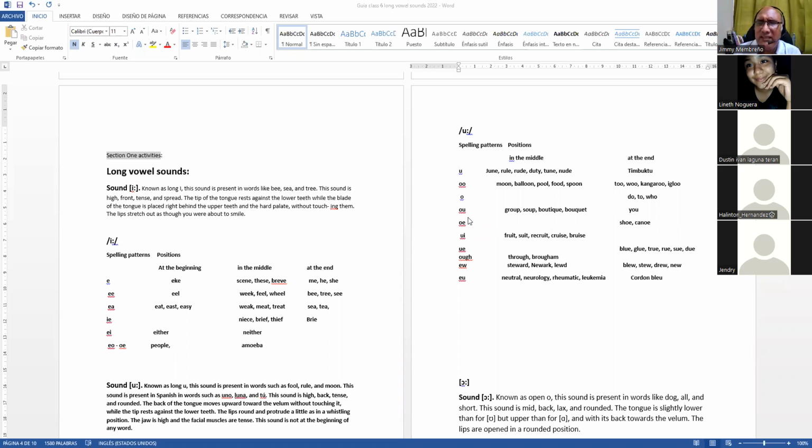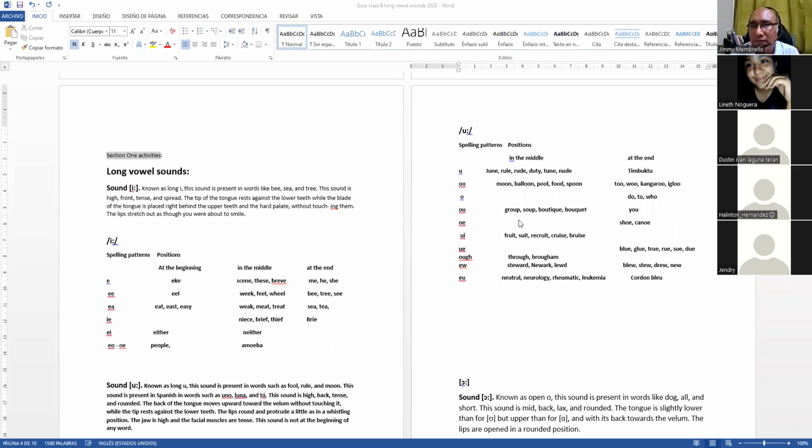So in this case, we have the combination O and U, like in group, soup, boutique. Not "boutique" in the Spanish way. Bouquet, like when Gendry is going to get married, she's going to have a bouquet of flowers. And then at the end of a word, like in the word you.